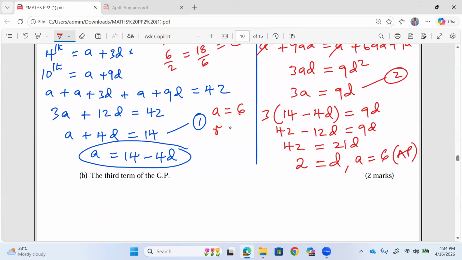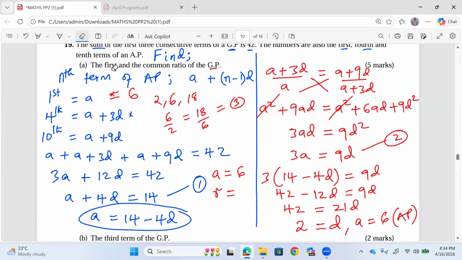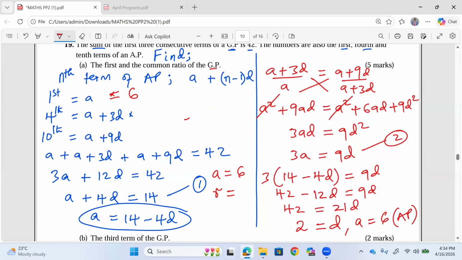And the common ratio, ladies and gentlemen, for us to get it, we are supposed to establish the other terms. So A is 6 plus 3 times D, which is 2. We're getting 12 here. Then here, it shall be 6 plus 9 times 2.